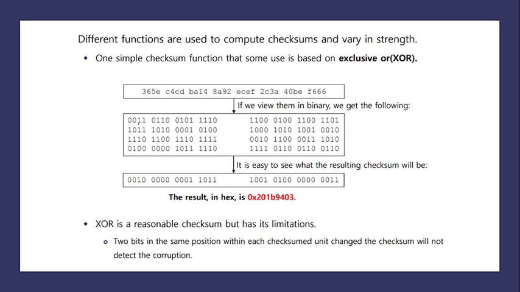So this is an example where we take a 16-bit value, 4 4 4 4. Here I am taking 365E. This is hexadecimal notation. What is hexadecimal notation? You may know that after 9 in decimal, there will be 10.